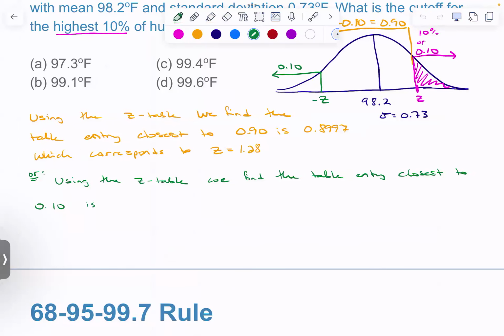Using the Z table, we find the table entry closest to 0.10 is 0.1003, which corresponds to Z equal to negative 1.28.